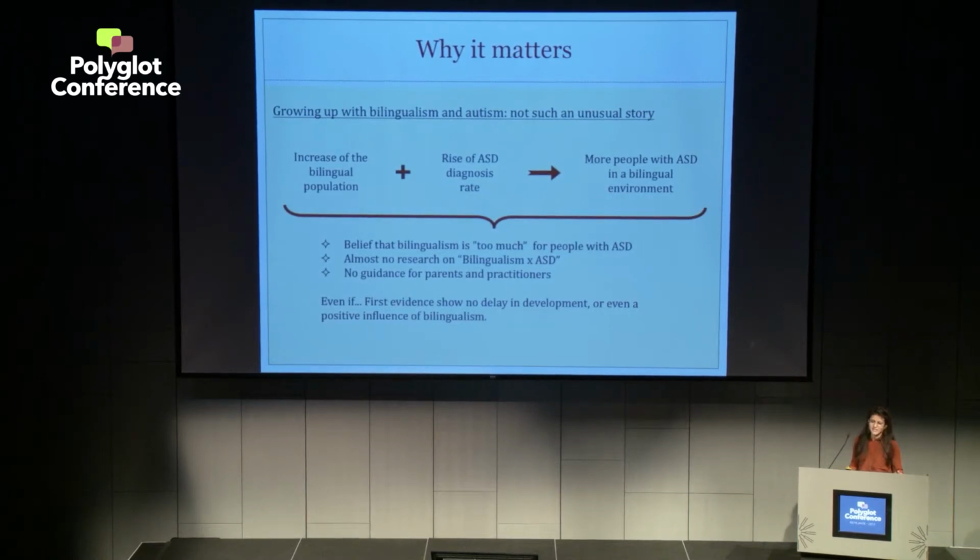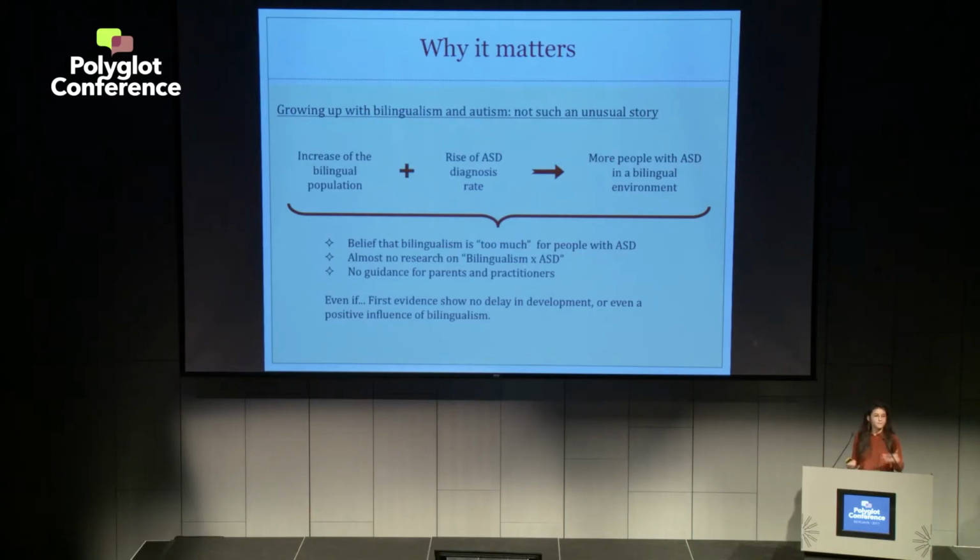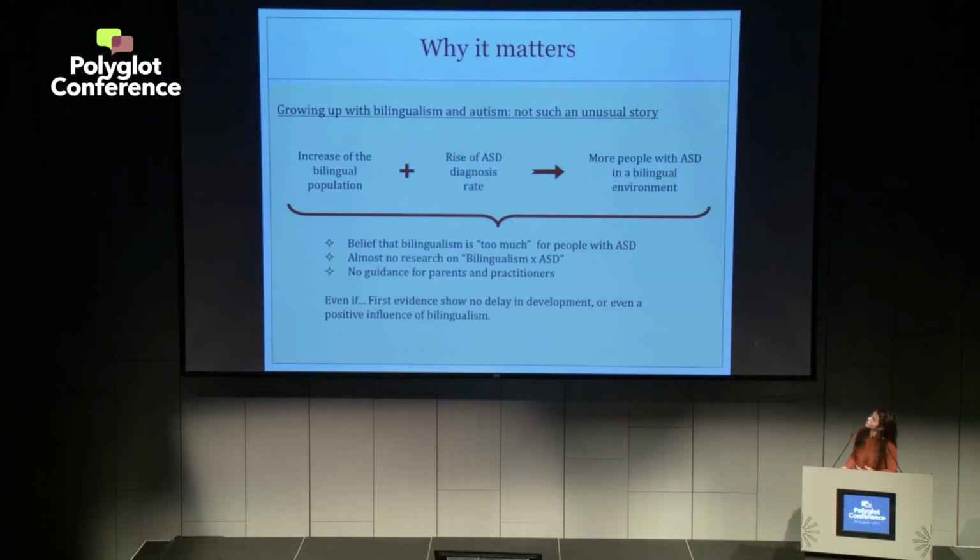If it is so complicated, why would we even study that? Why does it matter? Well, because growing up with bilingualism and autism is not such an unusual story. Because of the way our society works today, so globalized and so international, there is an increase of the bilingual population. And at the same time, because we are getting better at understanding autism, there is an increase of the diagnosis rate of autism.